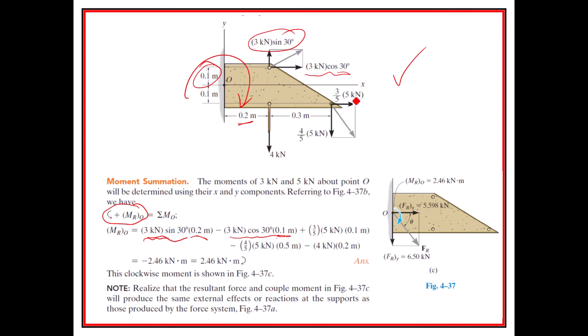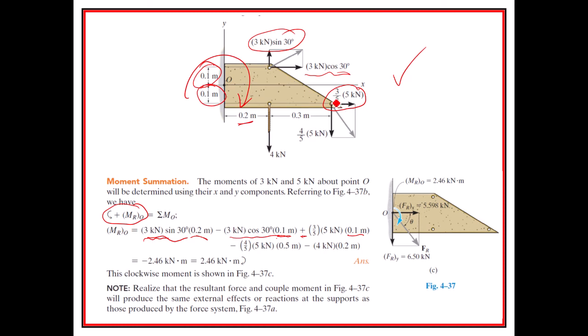We want to do the same thing here for the horizontal component right here, but this one's going to be positive because it's going counterclockwise about O, but it still has the same distance because they're symmetric right there.